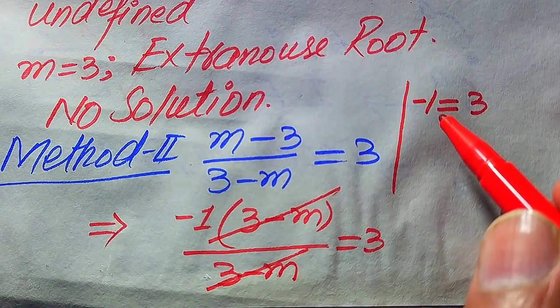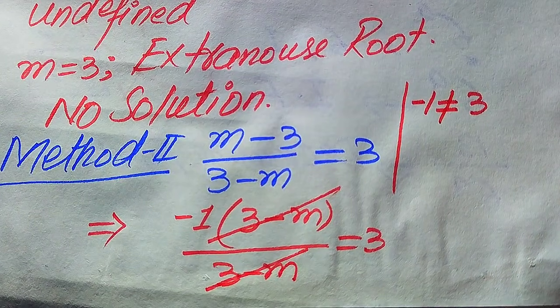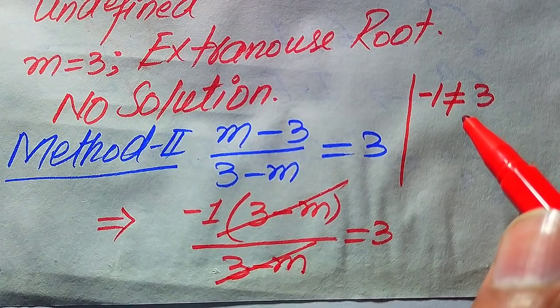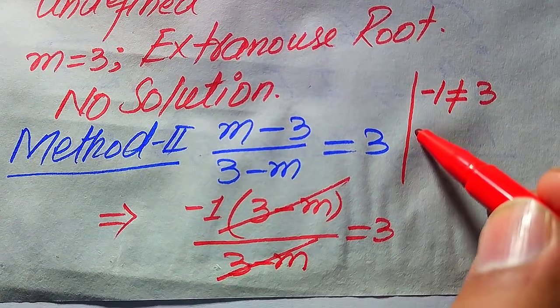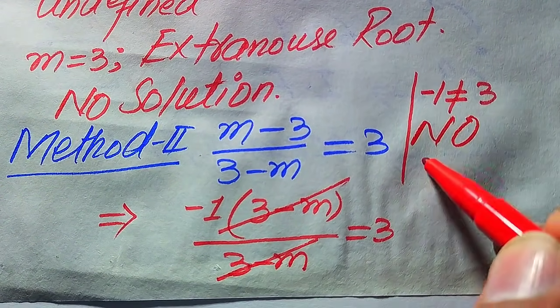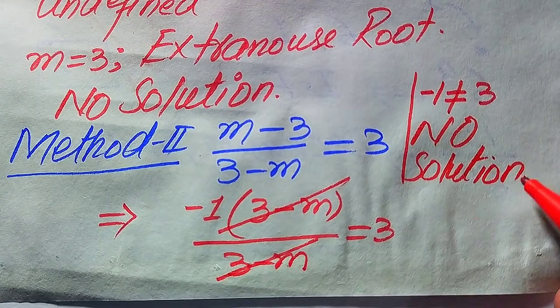You clearly see that minus 1 is not equal to 3, so this is not possible. If this is not possible, it means that we cannot get any value of m which satisfies our given question statement. So we finally conclude that this question has no solution.